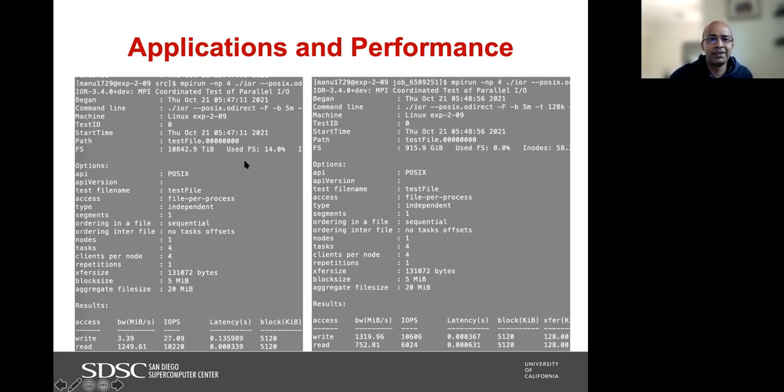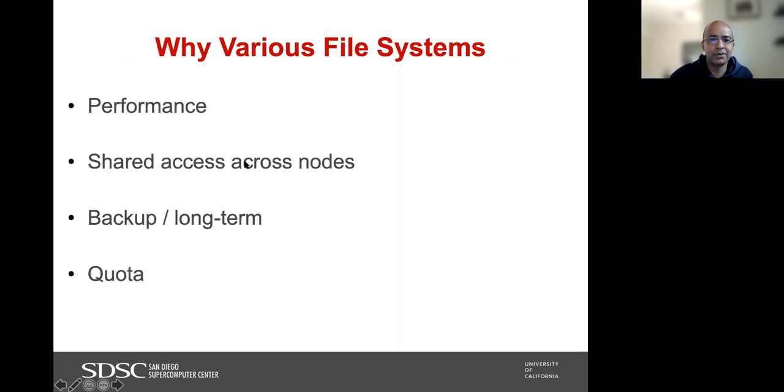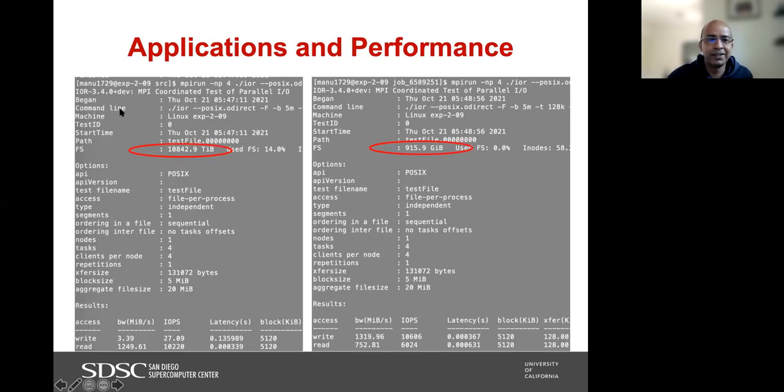Here it shows the capacity of the file system for this benchmark. One has capacity in terabytes and the other one in maybe a terabyte range. The figure on the left was on the parallel file system, whereas the one on the right was on local SSD.